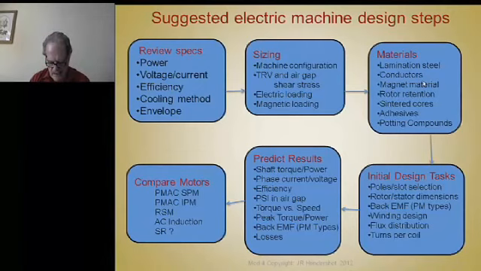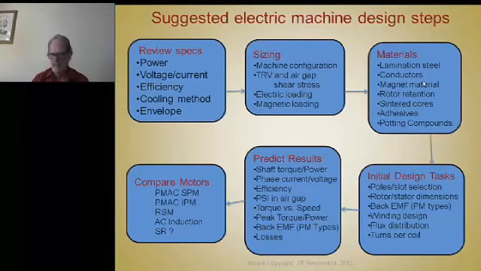I've given many lectures and workshops and tutorials over the years on electric machine design, and this is a set of steps that I have used in these presentations. So let's just take a look at some of these.